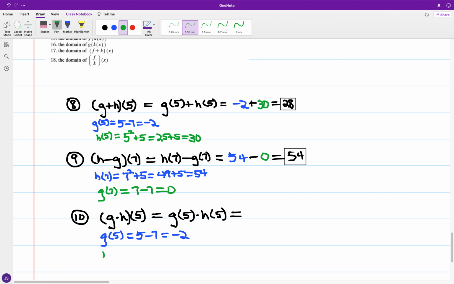For h of 5, h of x is equal to x squared plus 5. So g of 5 is -2 and h of 5 is 30, and -2 times 30 comes out to -60.